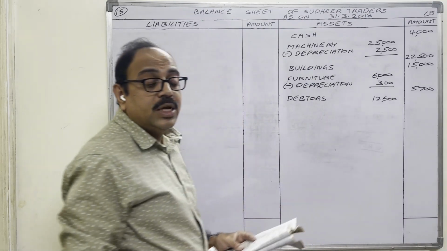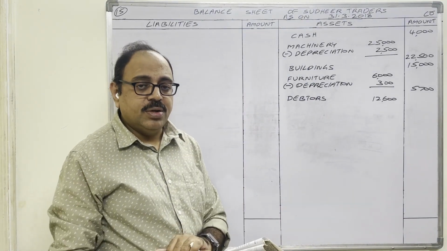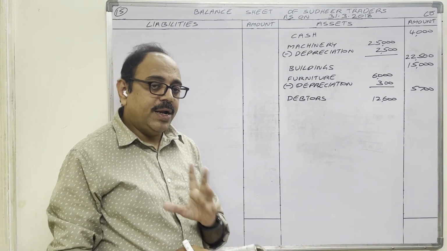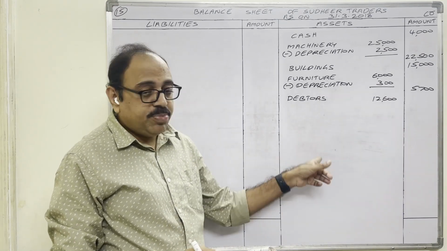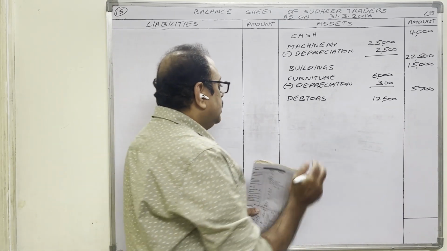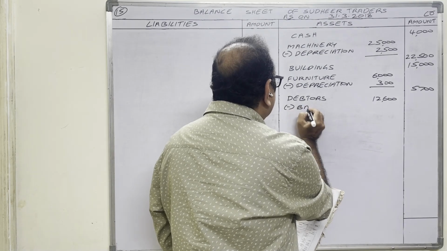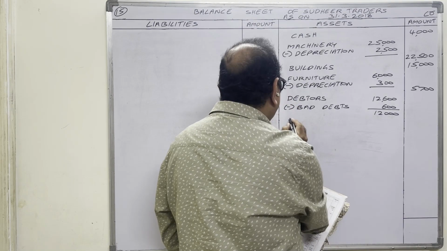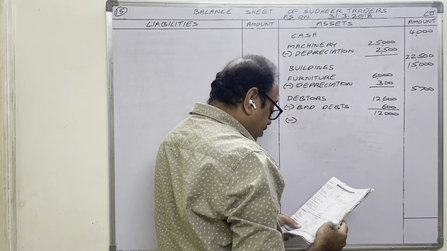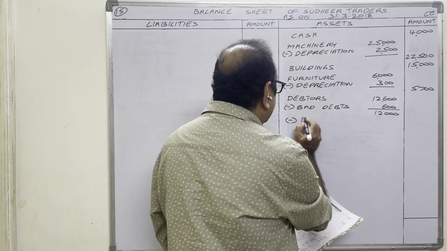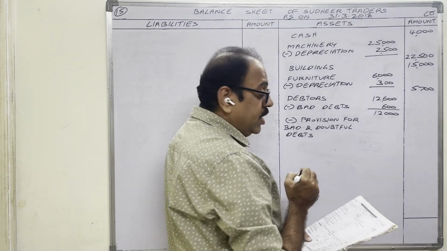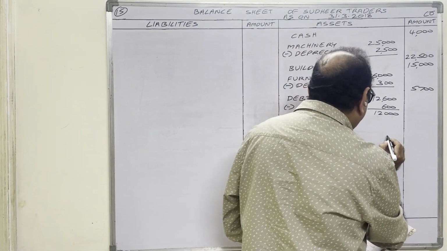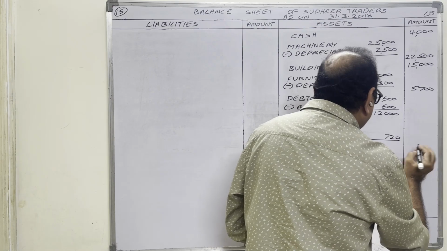Related to debtors, in adjustments 2 points are given: bad debts and bad debt reserve. Both we have to subtract now. First bad debts, minus bad debts 600 rupees, 12,000. Next minus provision for bad and doubtful debts. In the P&L account we have calculated, 720 rupees came now. Remaining amount in outer column.